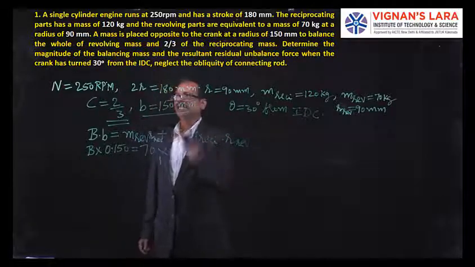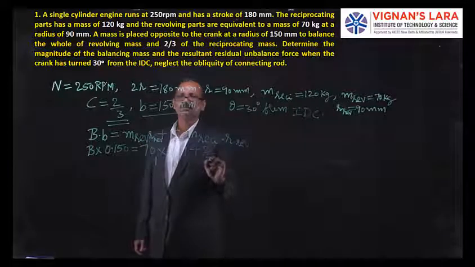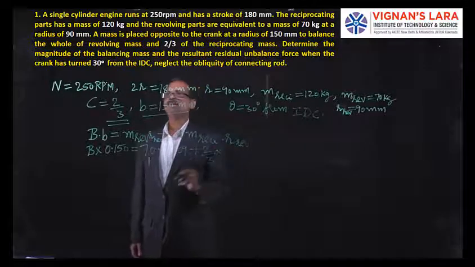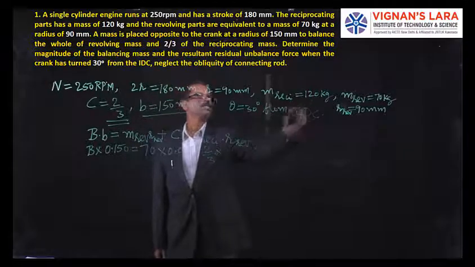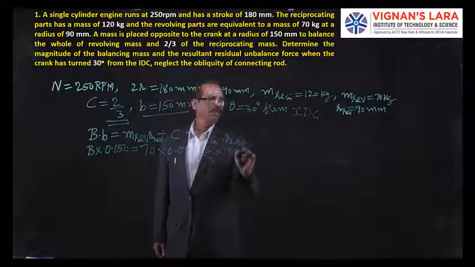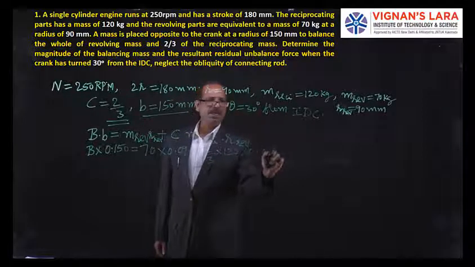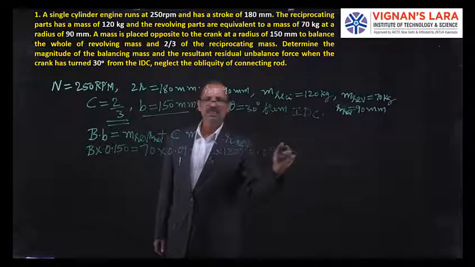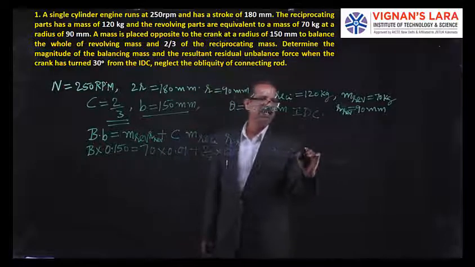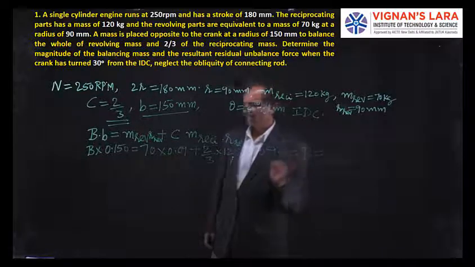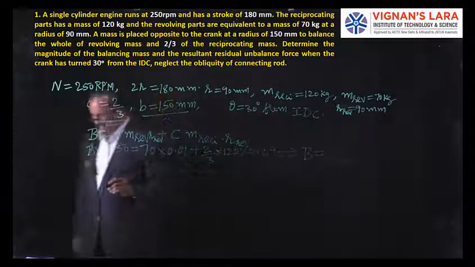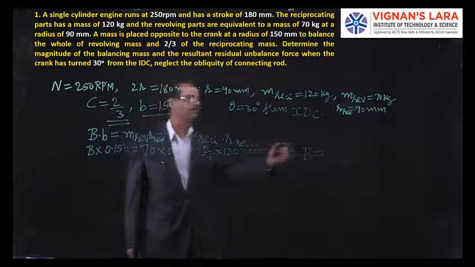So C is 2 by 3. Then mass of the reciprocating, how much is it? 120 into 0.09. So with this, if you calculate, you get the value of B. So the B value you will get here is 90 kg.